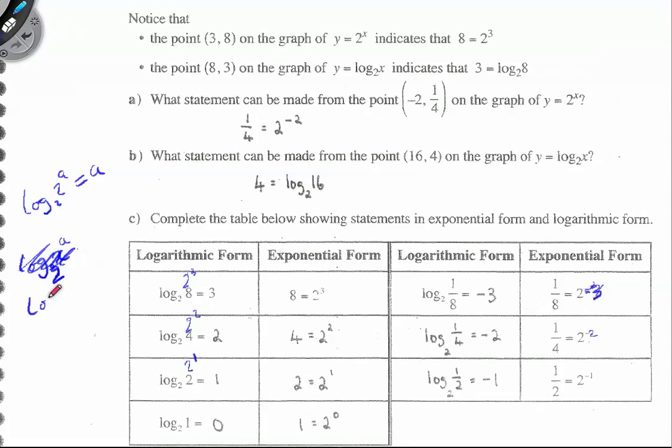And just extrapolating that, if we've got log of 5 to the a with base 5, the answer is also a. We'll also find that log of b base b is equal to 1 always. If these two numbers are the same, log b to base b will always equal 1. It's sort of what's happening down here.